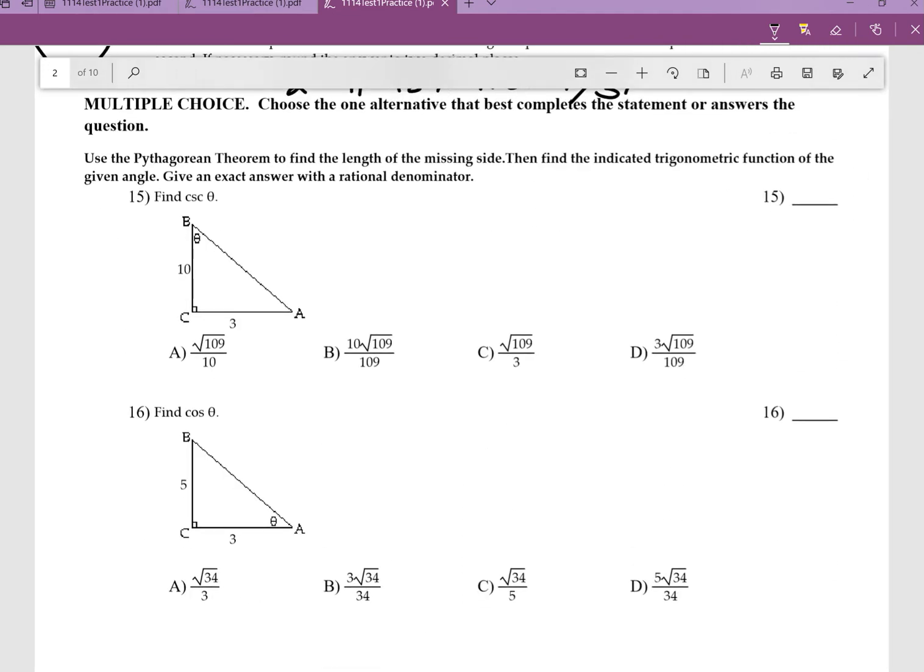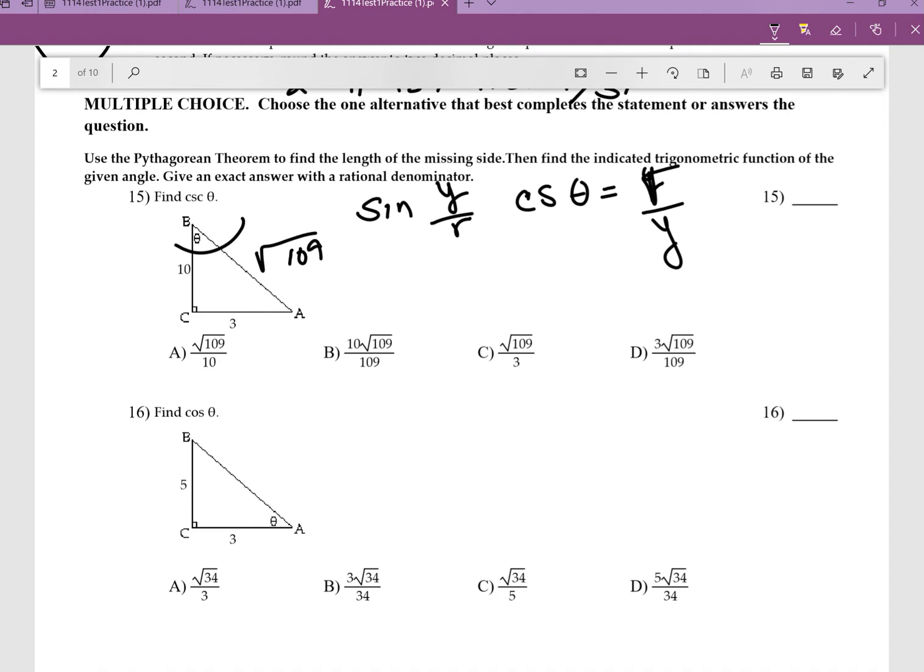Alright, number 15. Number 15, cosecant theta. So this is theta. Cosecant, since I know that this is the opposite of sine, or the inverse of sine, and I know that sine is y over r, so that means that cosecant theta is simply r over y. So we need to find r. We know that's the square root of 109.